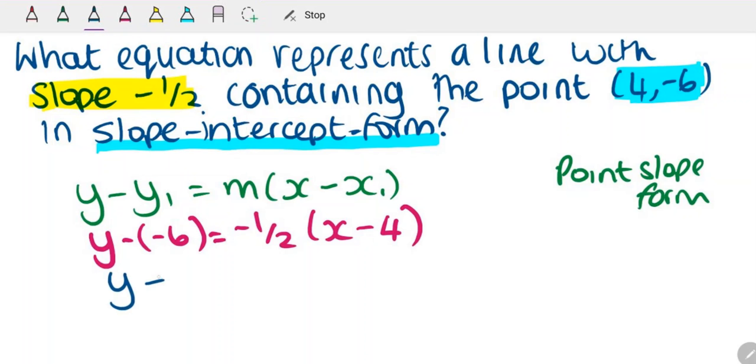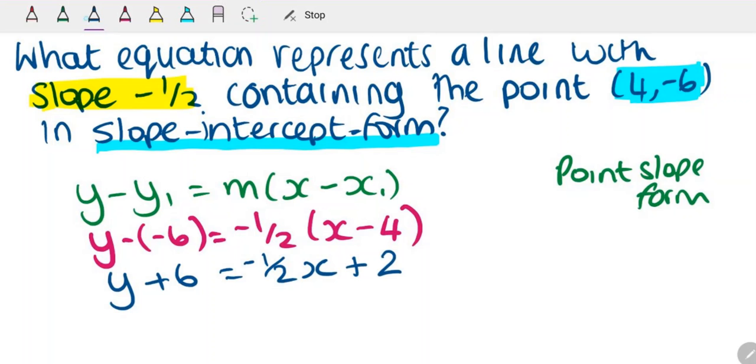So we have y plus 6 equals, and if we distribute, we can say minus a half x, and minus a half times minus 4 is going to be positive, and that's going to be plus 2.